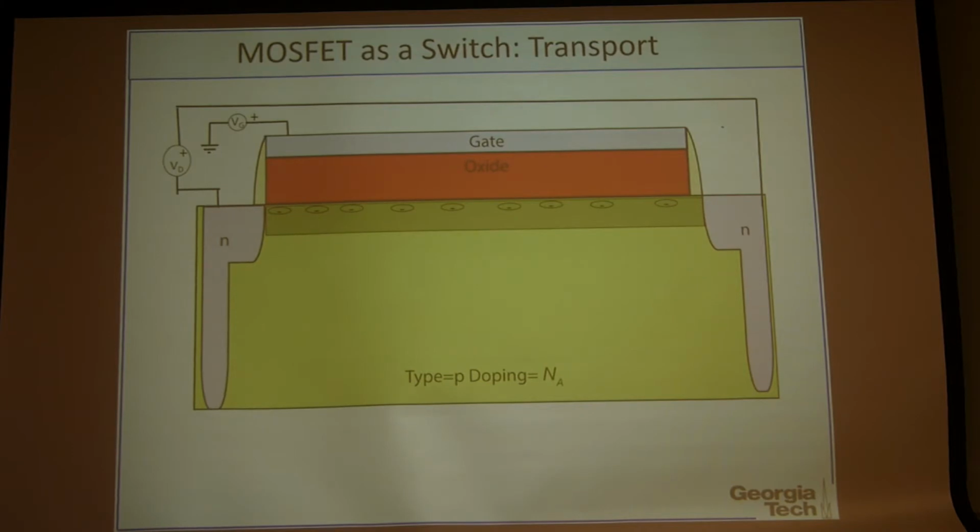Now, if we apply the drain voltage, okay, the drain voltage is larger than 0, then we will have the current flow like this. So this is the source, this is the drain.